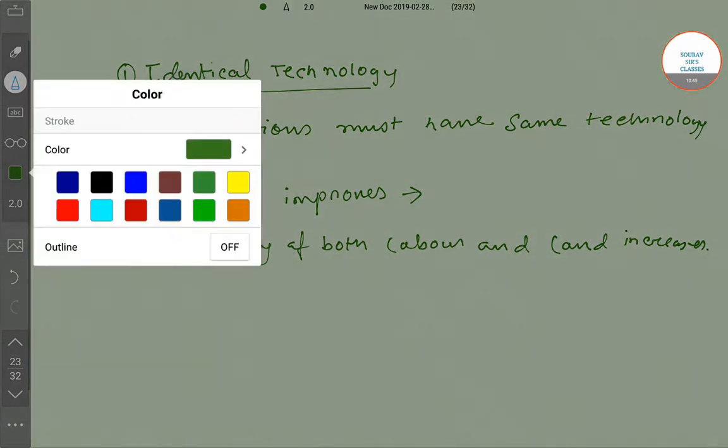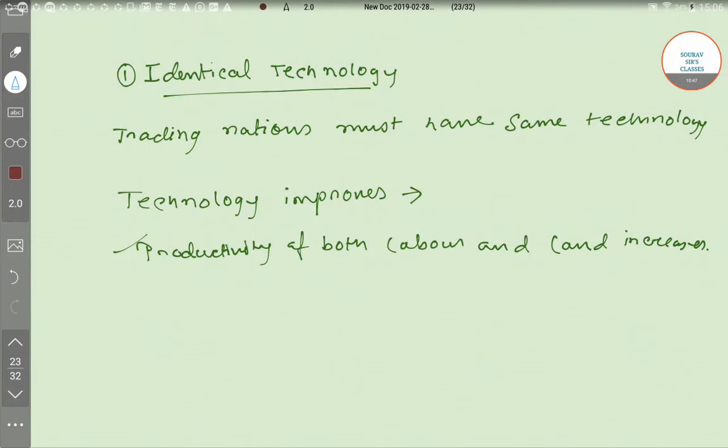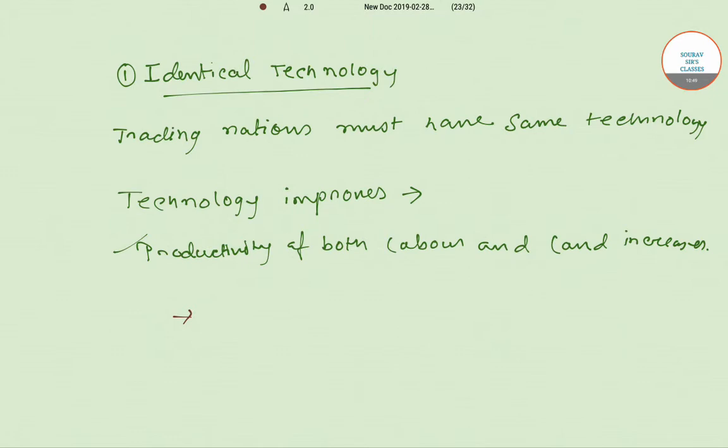As a result, since labor and land are paid according to their marginal productivity, the wage rate and the rent both go up when productivity-enhancing technology is used.